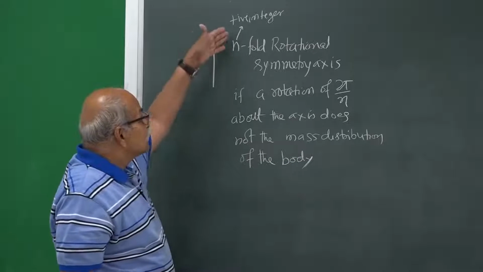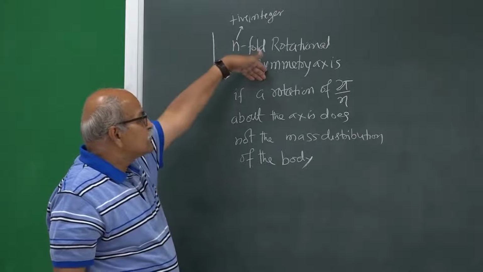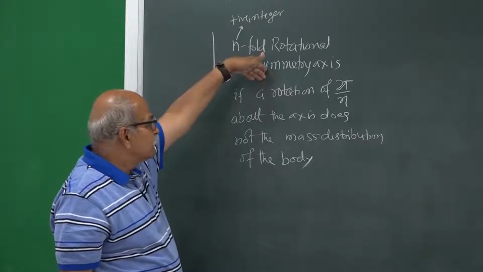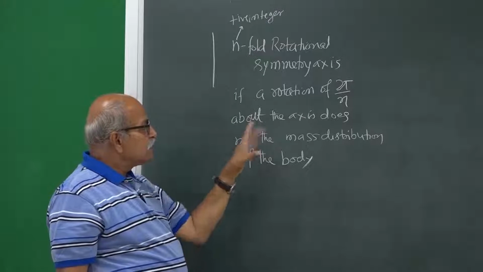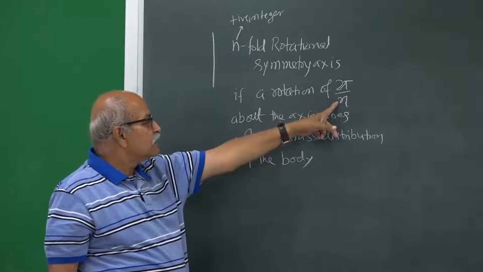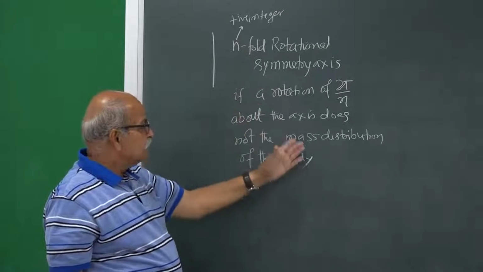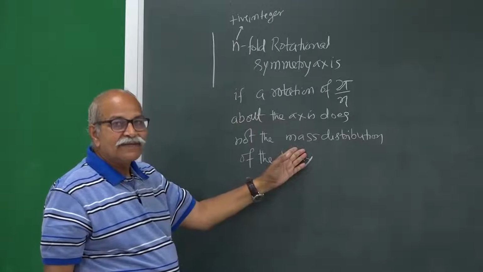All right. So, this is called an n-fold rotational symmetry axis. If you rotate the whole body by this angle about that particular axis, then the mass distribution does not change.